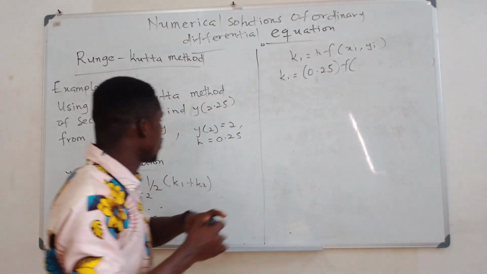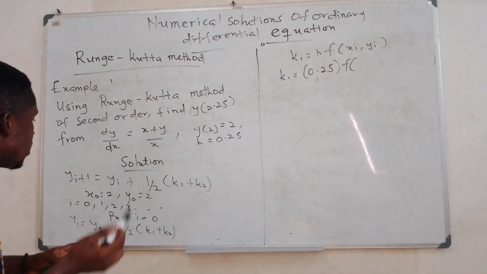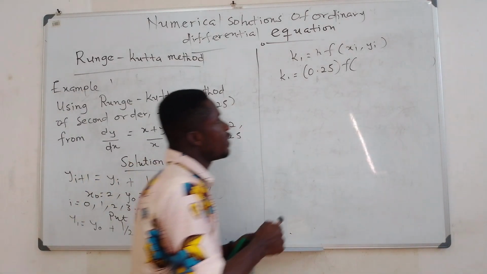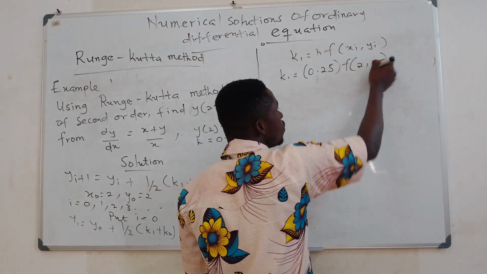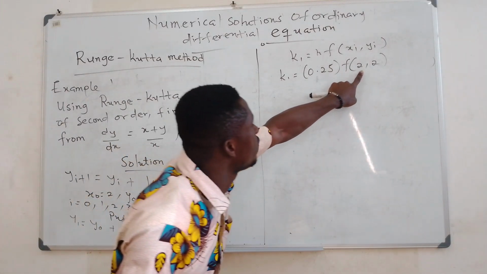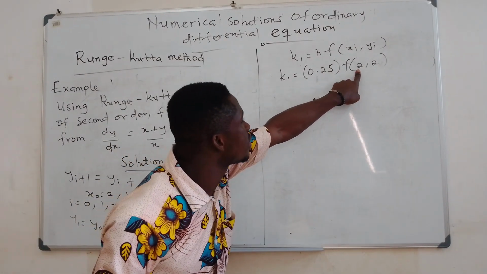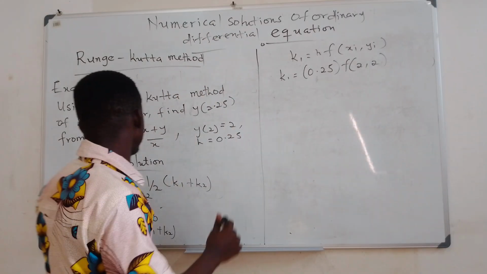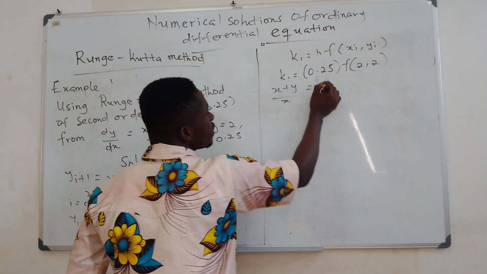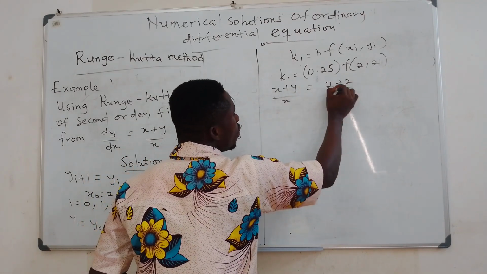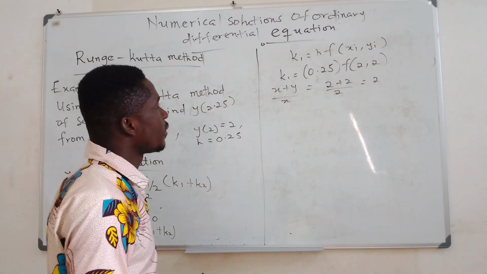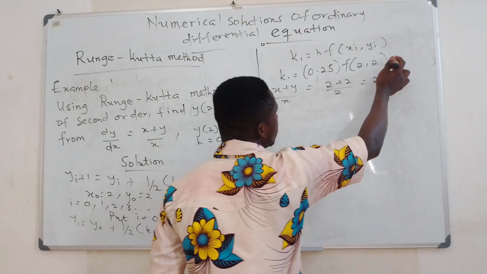We know our x naught is 2 and y naught is 2. So the function will be f(2, 2). So we substitute the value of x to be 2 and the value of y to be 2. So our (x plus y) on x gives us 2 plus 2 on 2, and we know that is 2. Very good.